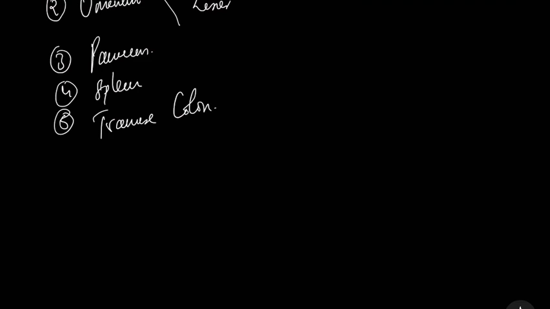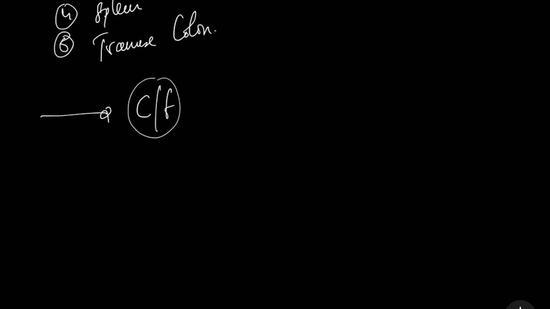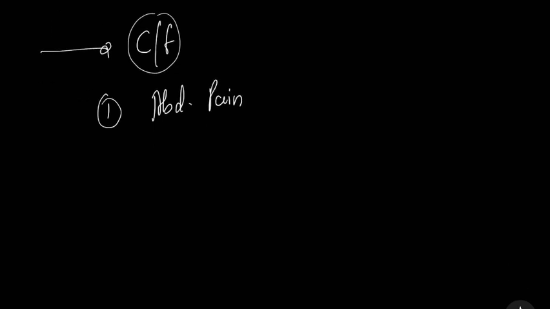Now we'll be coming to the last topic of gastric carcinoma, that is your clinical features for your gastric carcinoma. So the first one being obviously your abdominal pain. The patient complains of severe abdominal pain. All right, and you see there's a loss of weight in the patient. He loses a tremendous amount of weight.